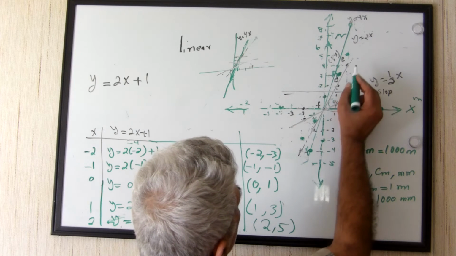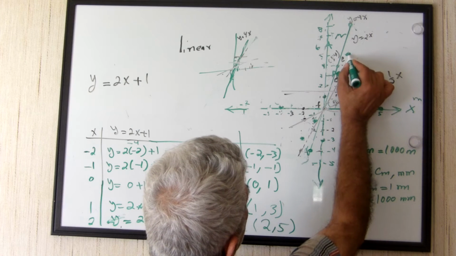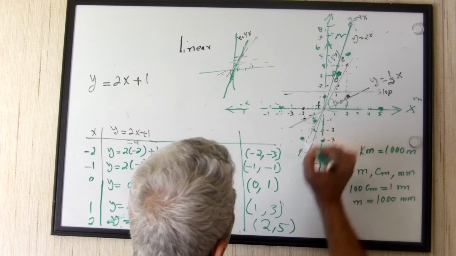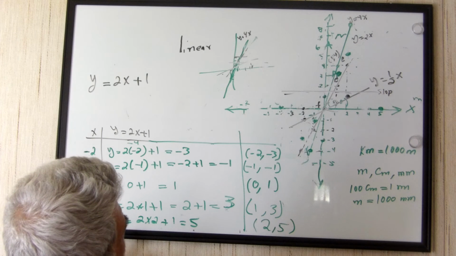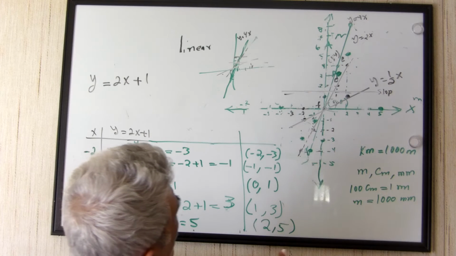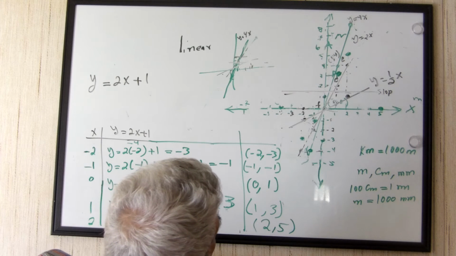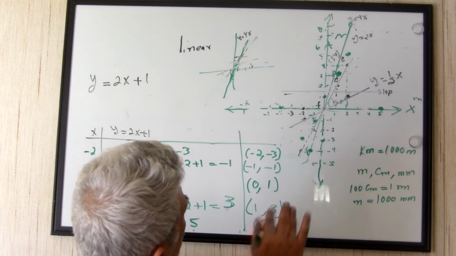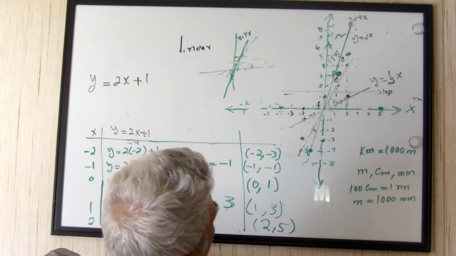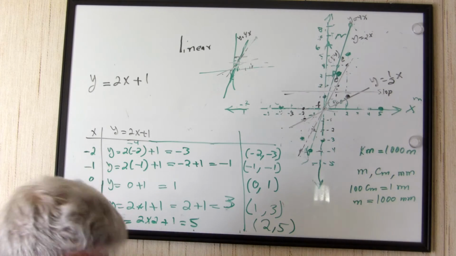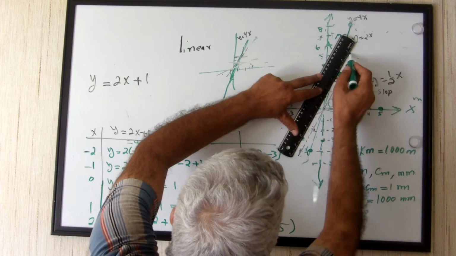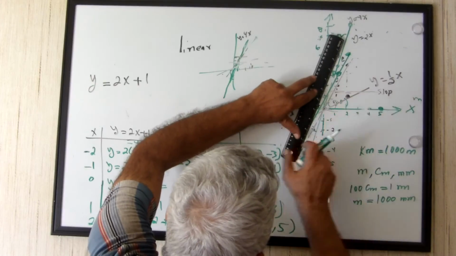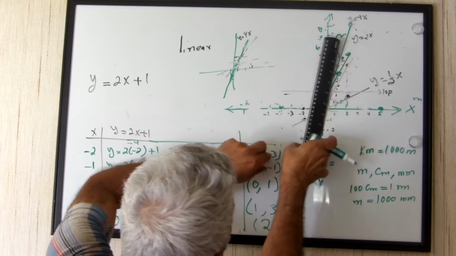So if we draw these points, you see it's not to scale, but they are all at the same line.